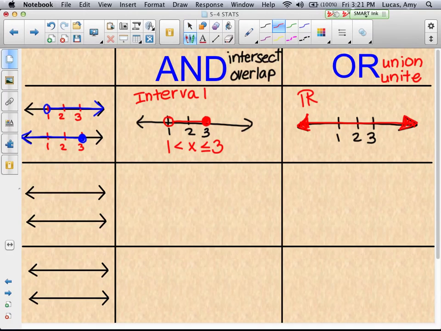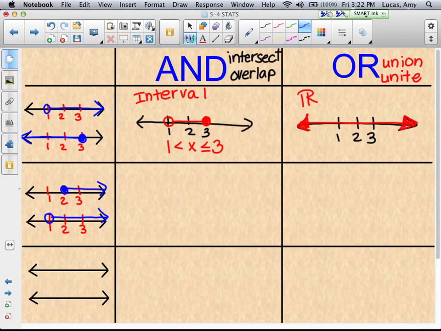My second example, I'll stick with my 1, 2, and 3 again. My first ray, I'm going to go with a closed circle on the 2, and we'll go to the right. My second ray, I'm going to go with an open circle on the 1, and also go to the right.